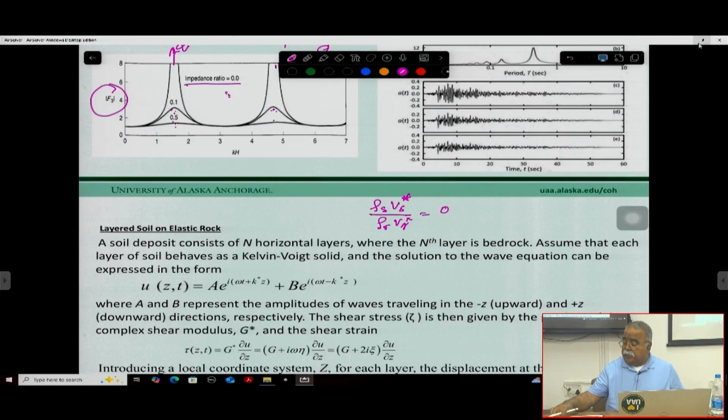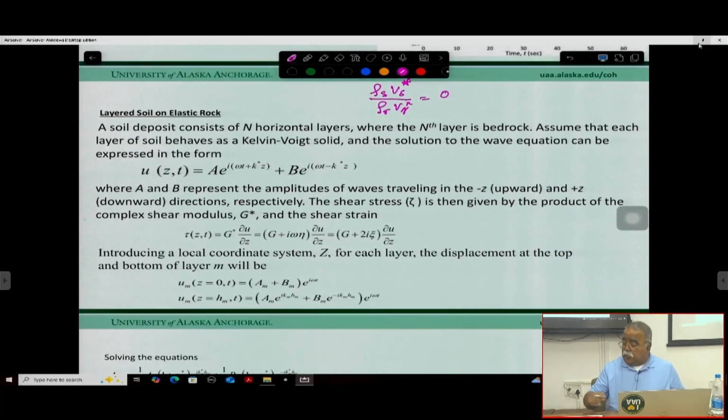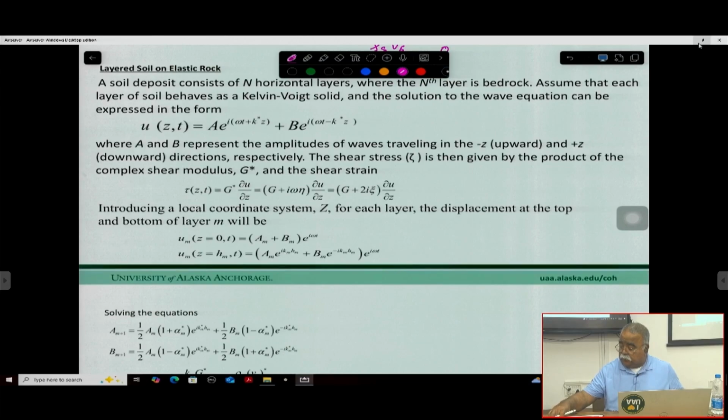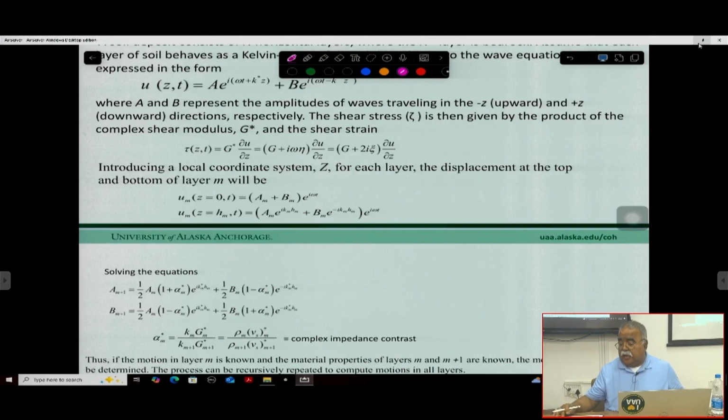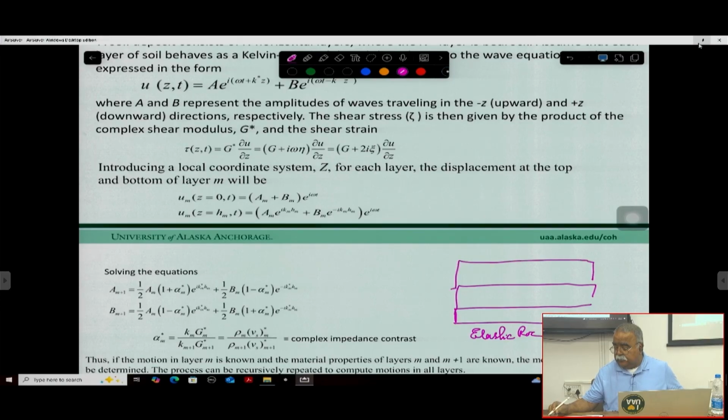Okay. Now, if we assume a number of layers on an elastic rock. So this is an elastic rock, and there are a number of soil layers present.